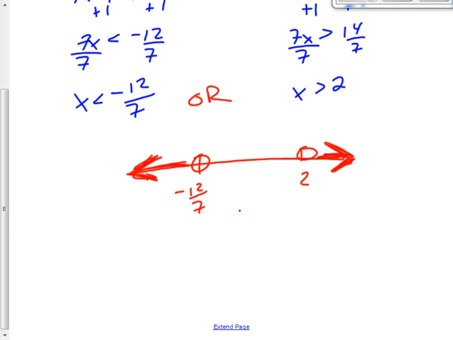Now, if you're asked to put this in interval notation, we're going from negative infinity to negative 12/7. And then we're going to start at 2 and go to infinity. All of these are parentheses because there's no closed circles. Infinity doesn't count anything.